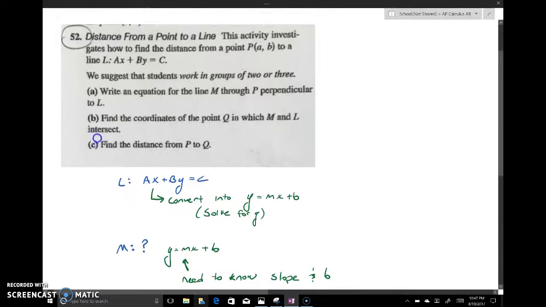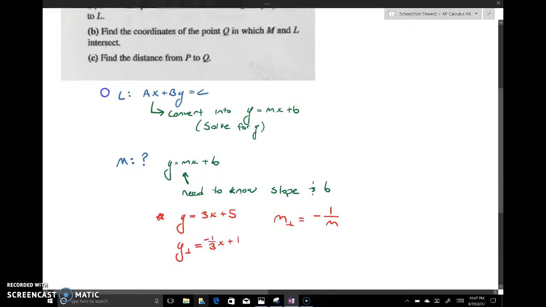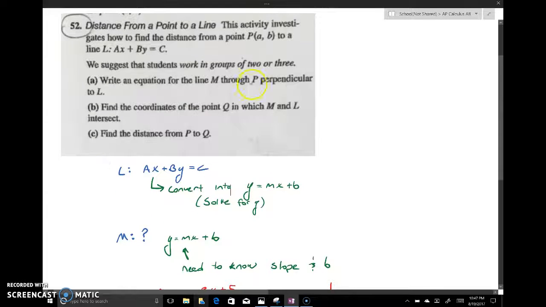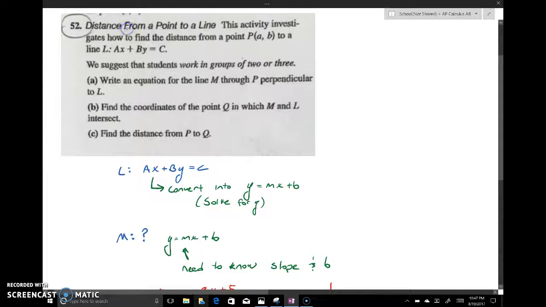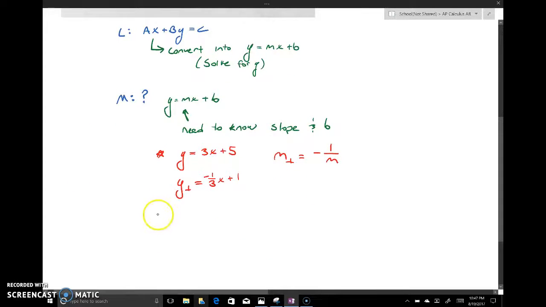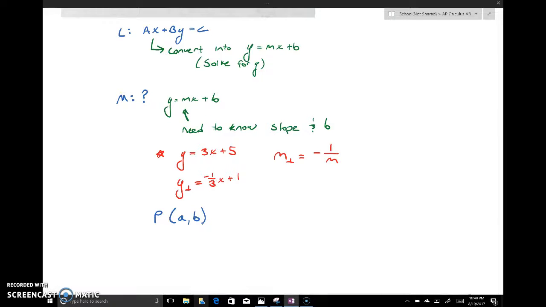I also need a point for the line to pass through, and they tell us that that point is point P. Now point P is at (a, b), and so again, we don't have specific numbers, just a general variable a and b to represent the numbers.